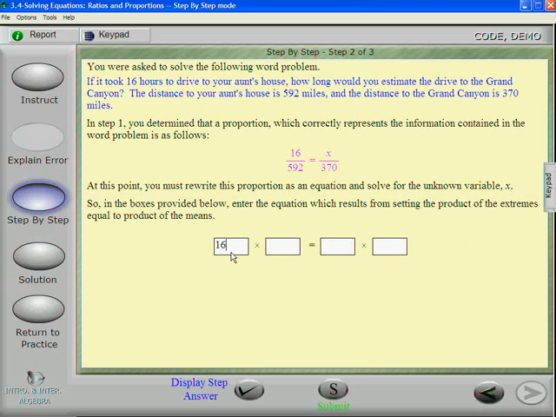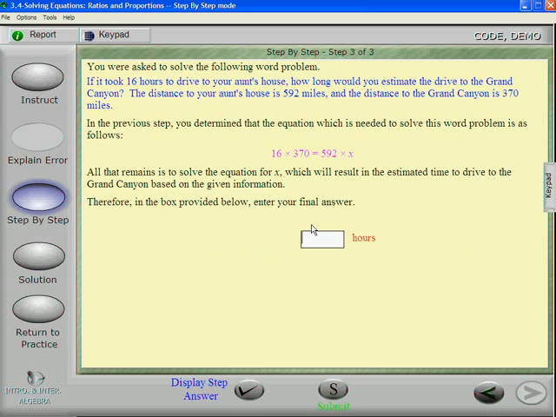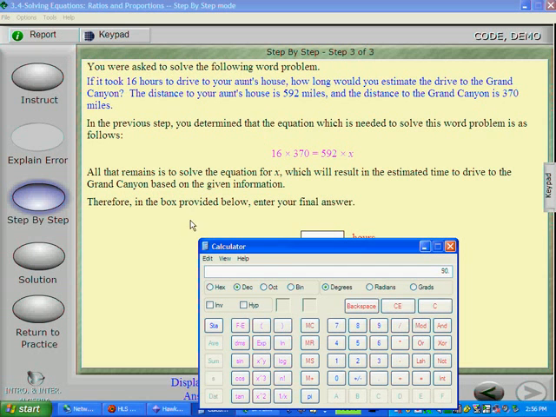Cross multiplication, 16 times 370 equals 592 times x. Okay. And then we'll work it out with the calculator. The 16 times 370 equals 5,920. Divide both sides by 592.